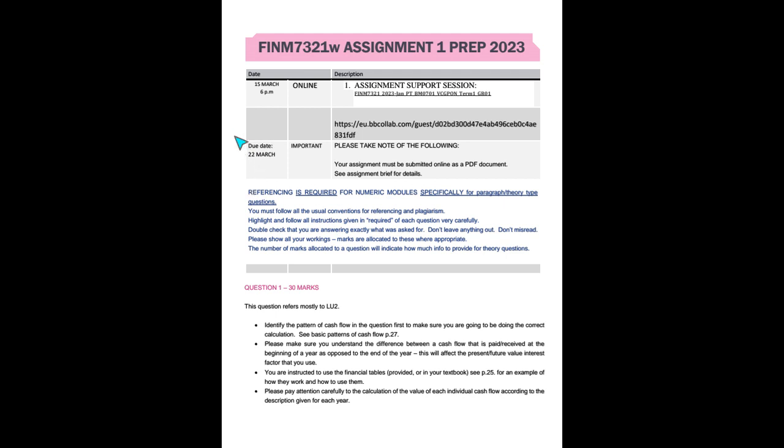So we don't have to do that. Referencing for numeric assignments would really be for theory questions. So in lots of these learning units, we've got learning objectives that will require you to write a paragraph. If you get a question like that in an assignment, you definitely have to in-text reference and give a bibliography page at the end for those as well.